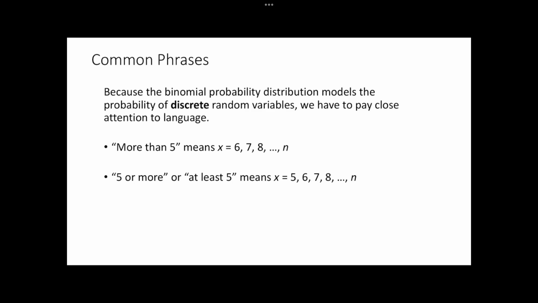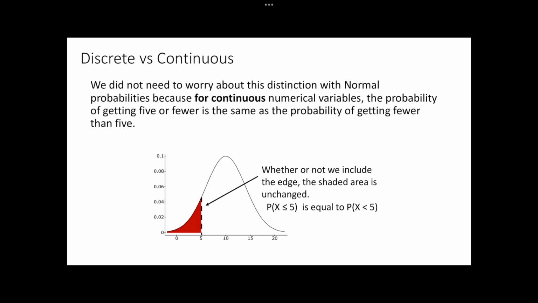If we say 5 or more, or at least 5, that means we're going to start at 5, so we'll have 5, 6, 7, 8, all the way up to n. Notice that the second case includes the probability that x equals 5 in the sum, while the first case does not. We didn't have to worry about this with the normal probabilities, because with continuous numerical variables, the probability of getting 5 or fewer was the same as the probability of getting strictly fewer than 5.